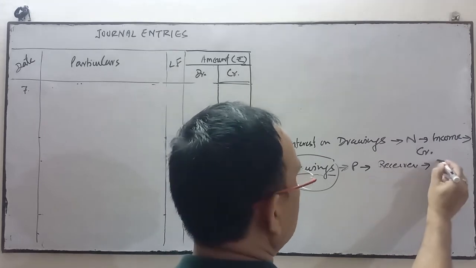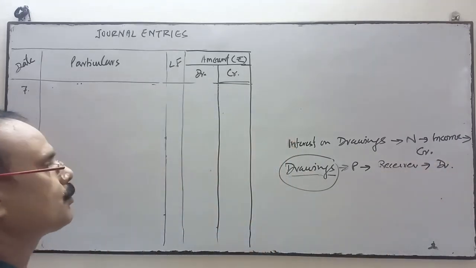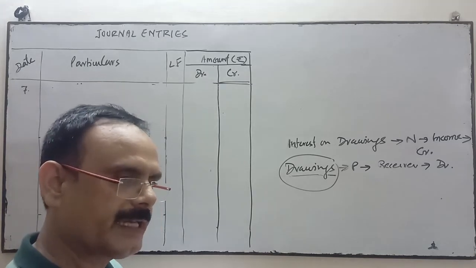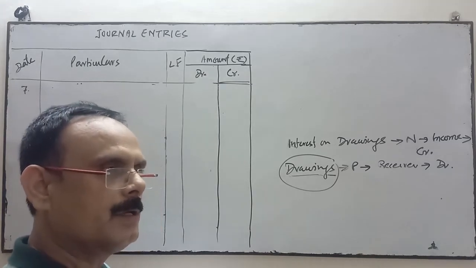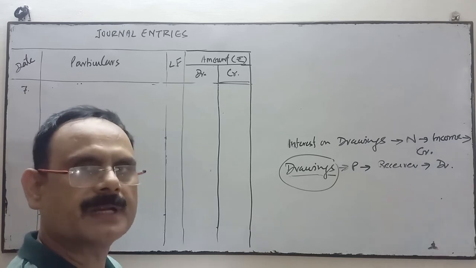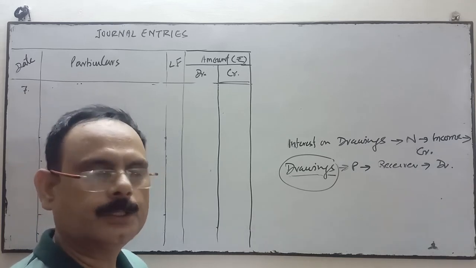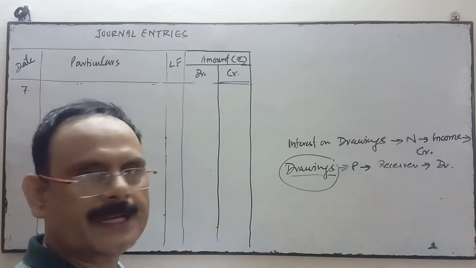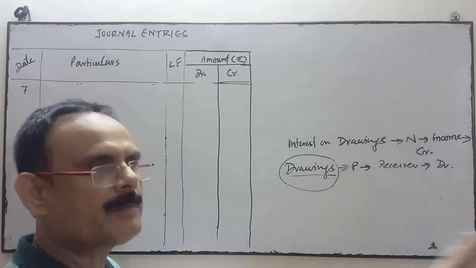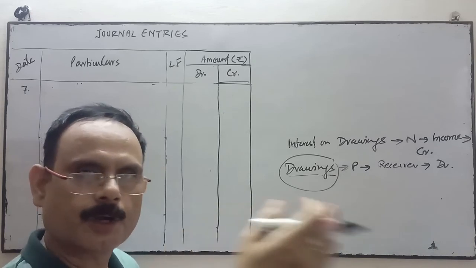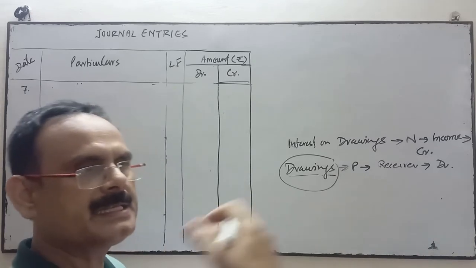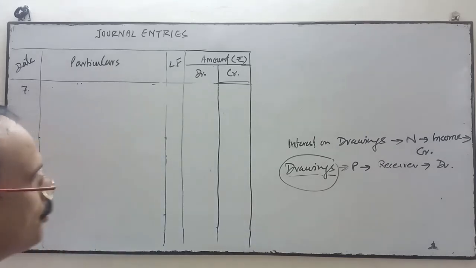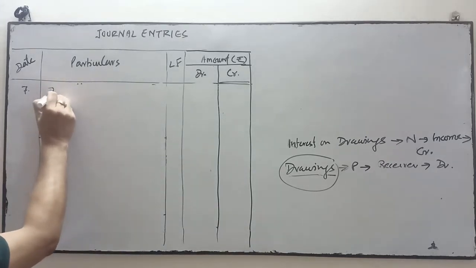So his account will be debited. Drawing account will be debited because the interest money is in the hand of the proprietor. So the proprietor is the receiver. He has not given the money to me. My money is in the hand of the proprietor, which should be given by the proprietor to me, but he has not given it. So the proprietor's account, meaning drawings account, will be debited.